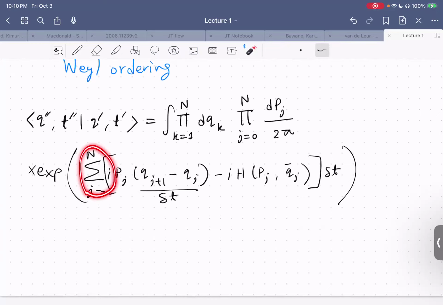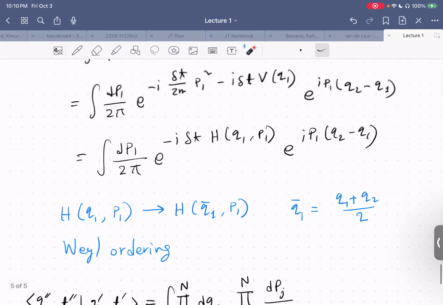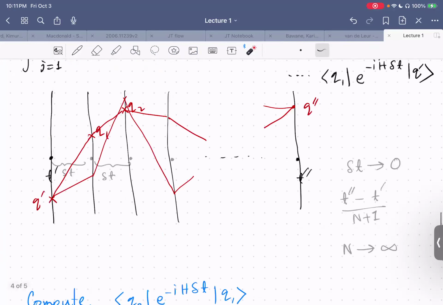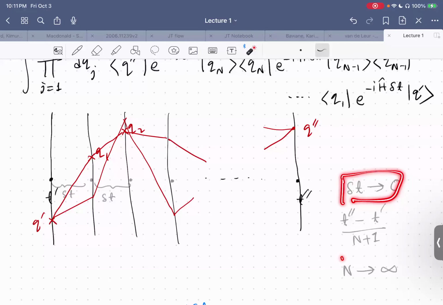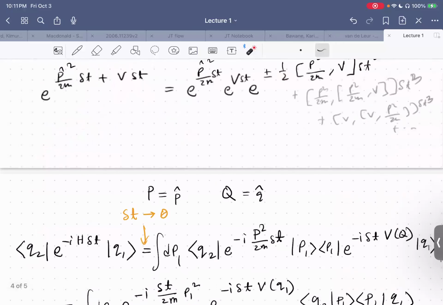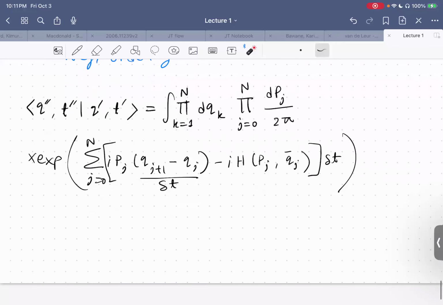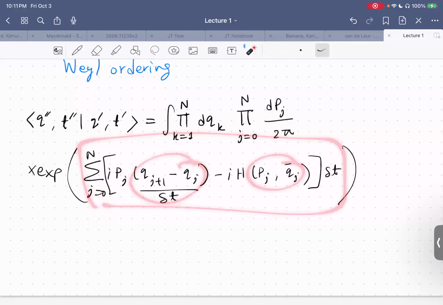So this is a finite sum, but recall that we are interested in the limit delta t goes to 0, which boils down to n going to infinity. So this is a sum over some variables that depend on the index.